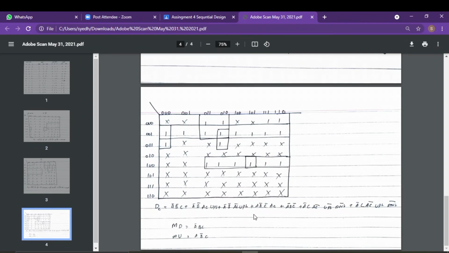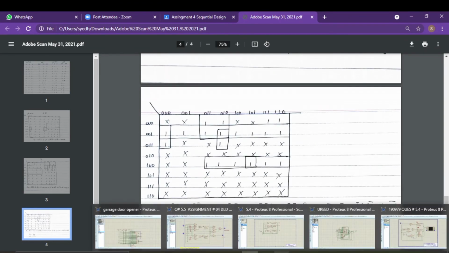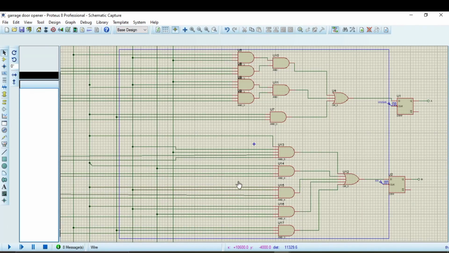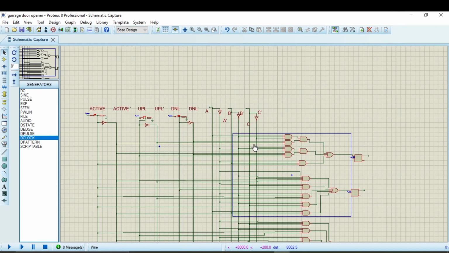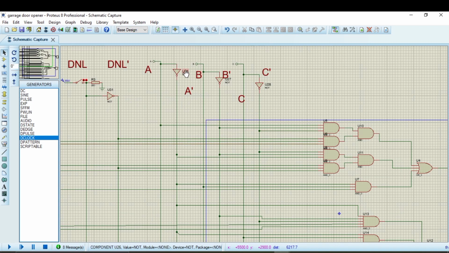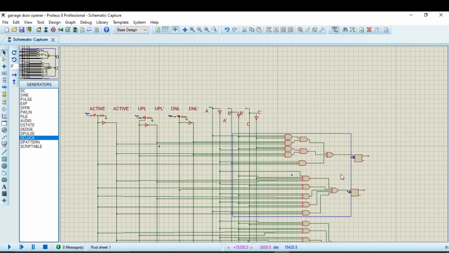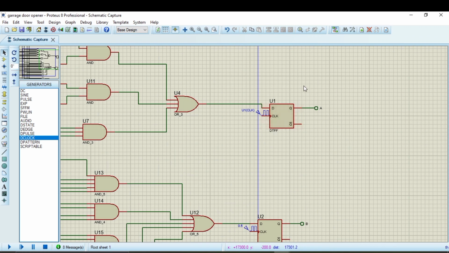After that I implemented this circuit on Proteus with the help of these equations. This is the circuit that is used. I'm applying A, B and C, which are the Q next level state and present level state.